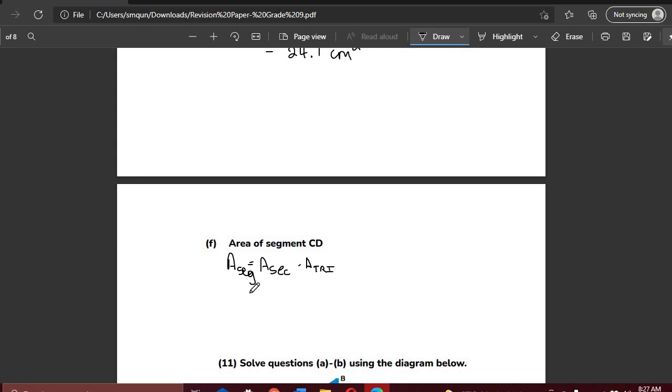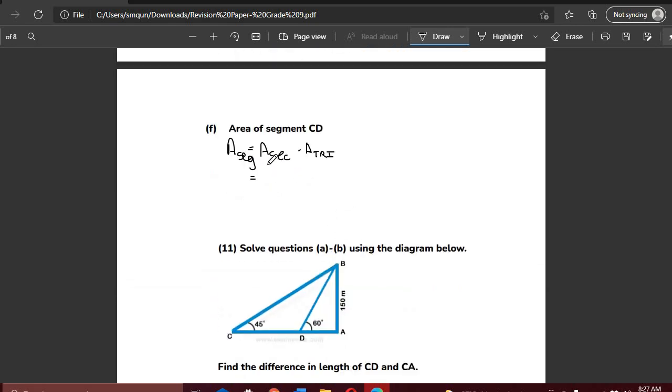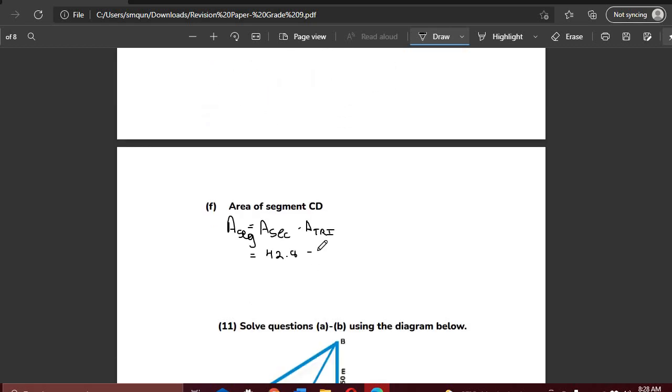Okay, so we said the area of the sector was 42.8 centimeters squared. I'm going to add my units to my final answer. And we said that the area of the triangle was 24.1.